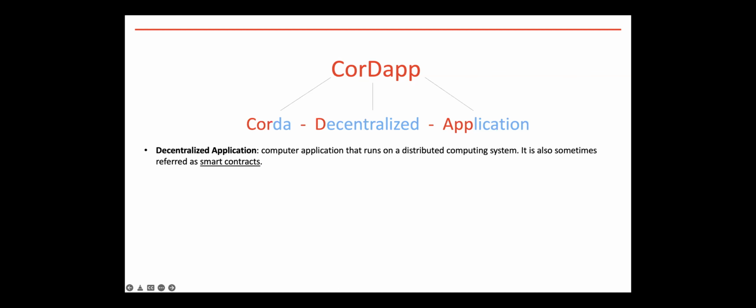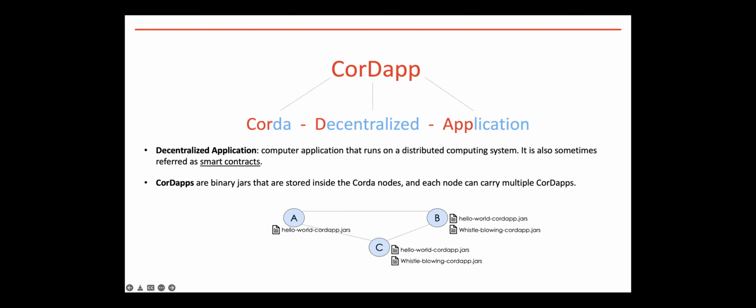So Corda apps are just binary jars that are stored inside of the Corda nodes, and each node can carry multiple Corda apps. In this very small diagram here in the slide, we have three nodes: node A, node B, and node C. You see that they carry one or two Corda apps.